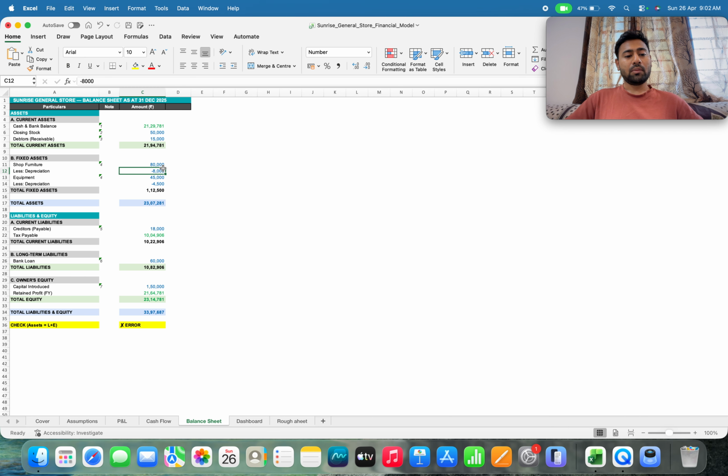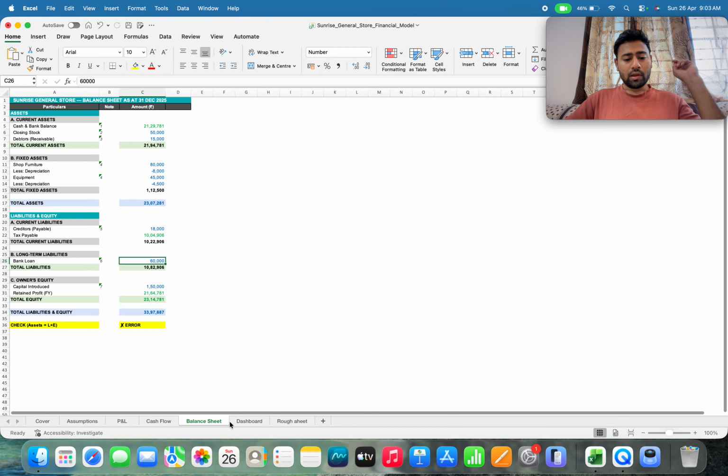So we will get the depreciation of 8,000, and then the equipment is 45,000 less depreciation, again a straight line method, and total fixed asset is 1 lakh 12,500. So we got the total of assets 23 lakh 7,281. Now we have current liabilities and equity. Creditors payable is 18,000, and tax payable is this much.